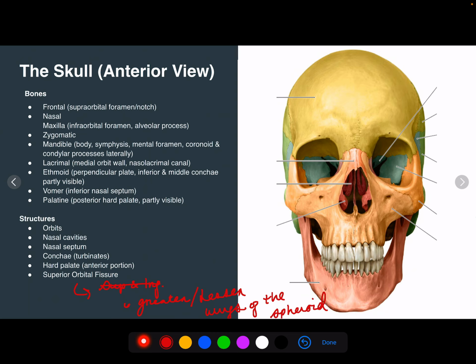Okay, so if we look at it from an inferior view, let's look at some of the bones here. We have our maxilla, which is going to occupy most of the anterior space, but more importantly, it forms the anterior portion of the hard palate, whereas the palatine bone forms the posterior portion of the hard palate. So this is our maxilla.